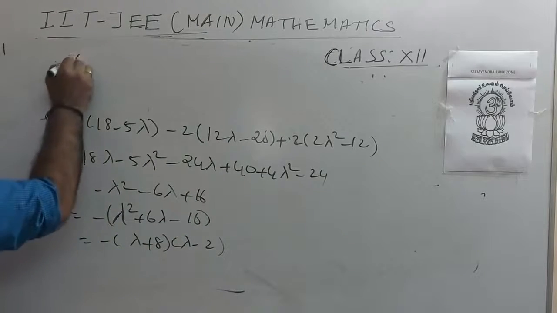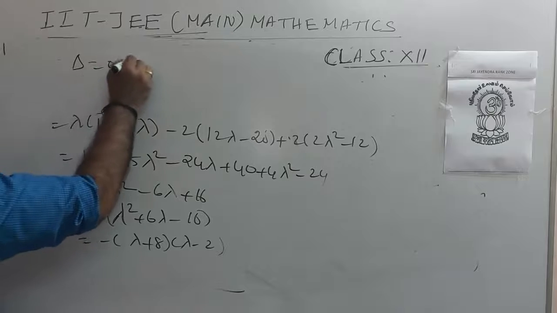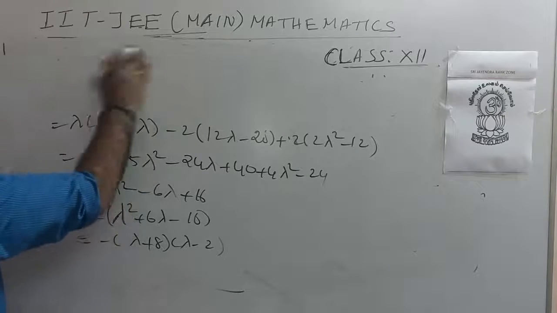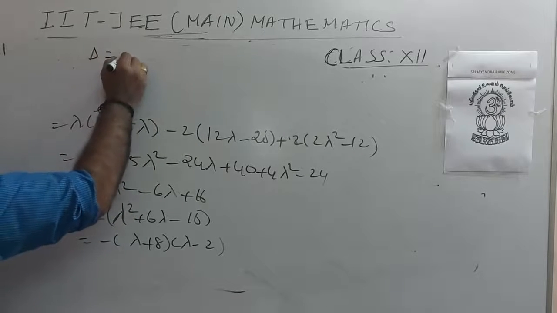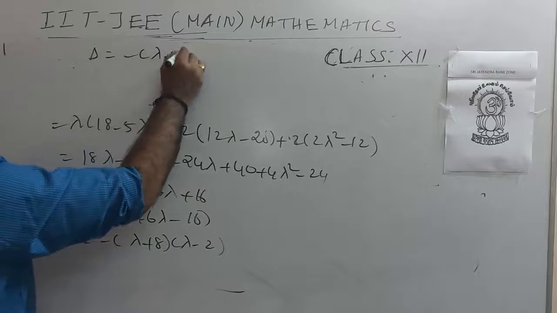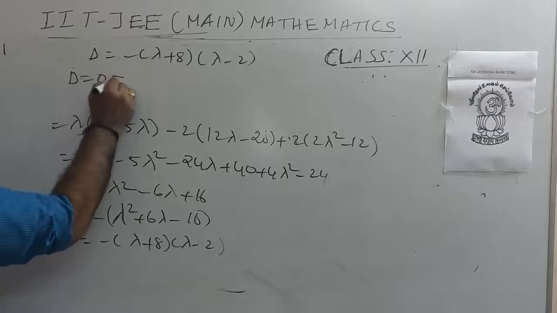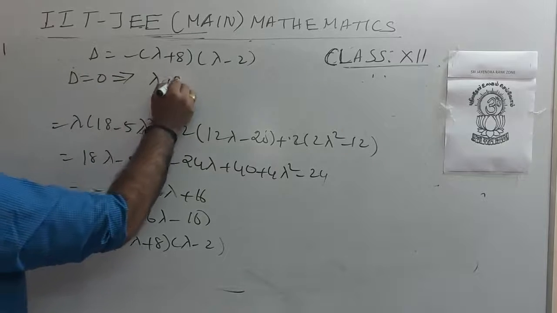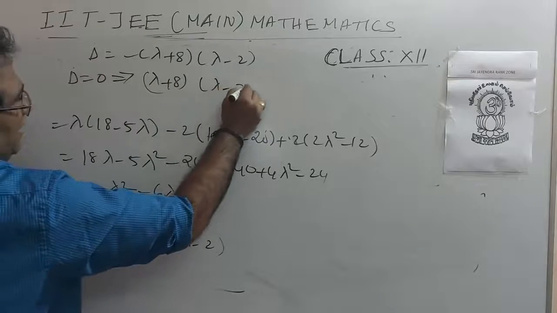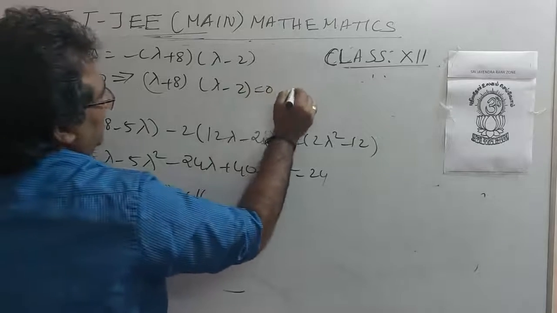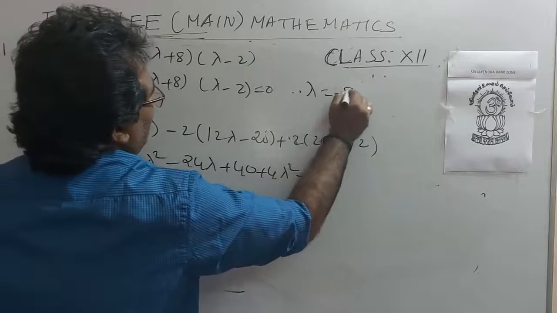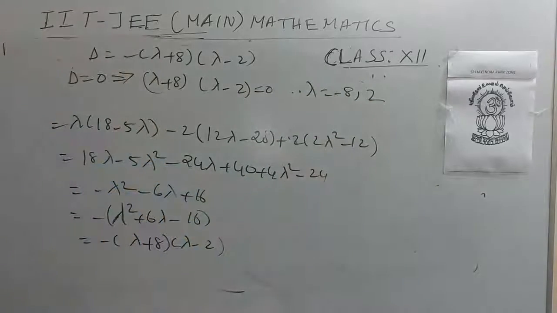So delta equal to 0 gives (lambda plus 8)(lambda minus 2) equal to 0. Therefore, lambda equal to minus 8, 2.